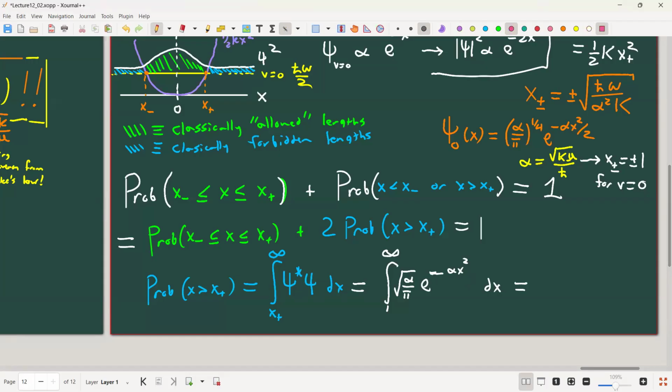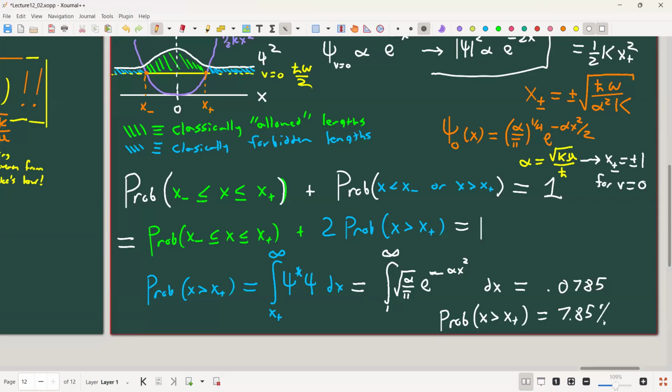Right, and this turns out to be a function that you can solve numerically with just a calculator. And it's equal to 0.0785. Okay, so what does that say? It says that the probability of being in this forbidden region is 7.85%.